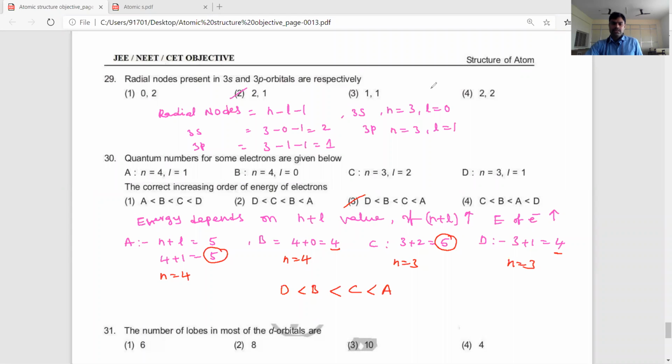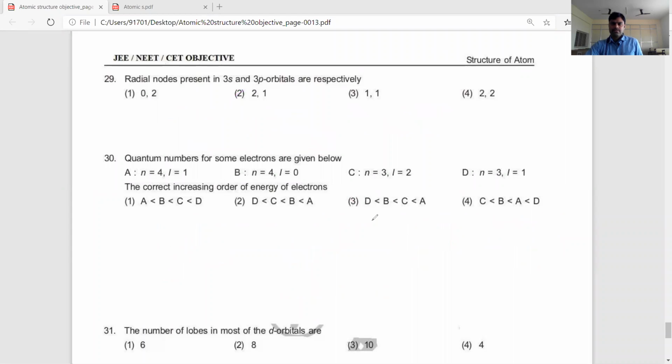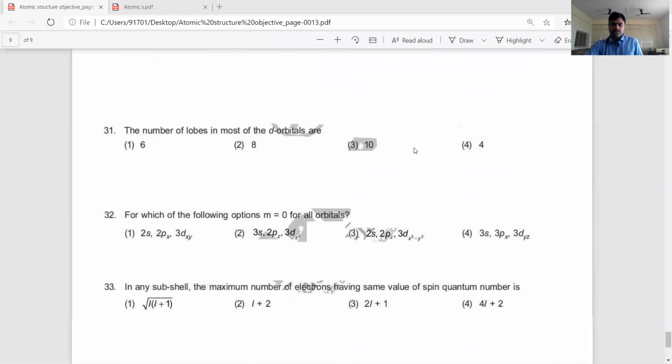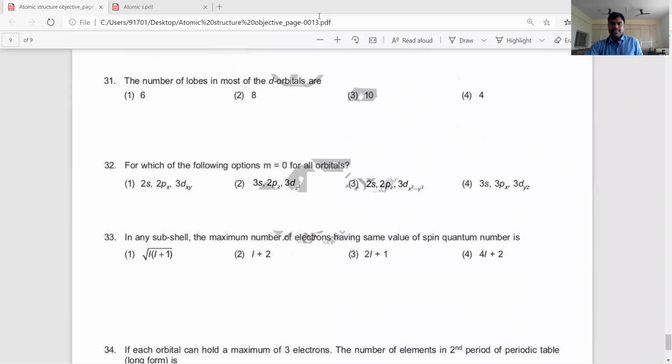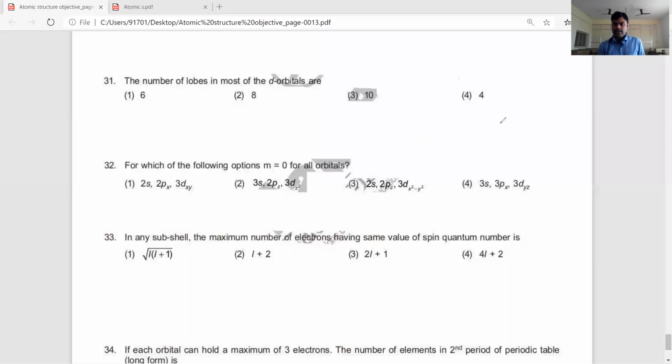Okay, let's go for the next. 31, it's very easy, dear students. The number of lobes in most of the d orbitals. Let's see p orbitals.